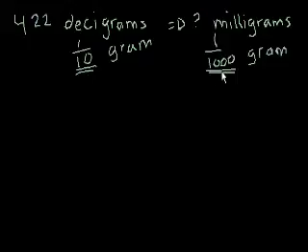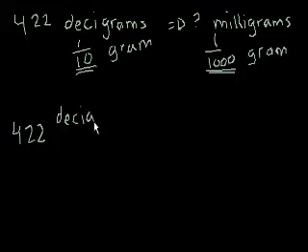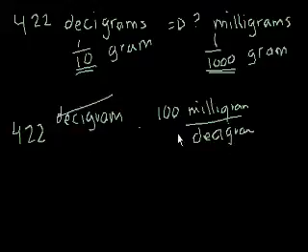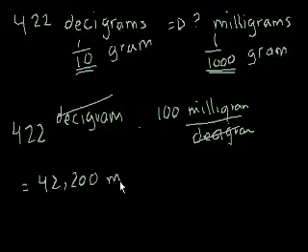To go from 1/10 to 1/1000, you have to decrease in size by 100. So we could just say 422 decigrams times 100 milligrams per decigram. And then the decigrams cancel out. And I'll get 422 times 100, that's 42,200 milligrams.